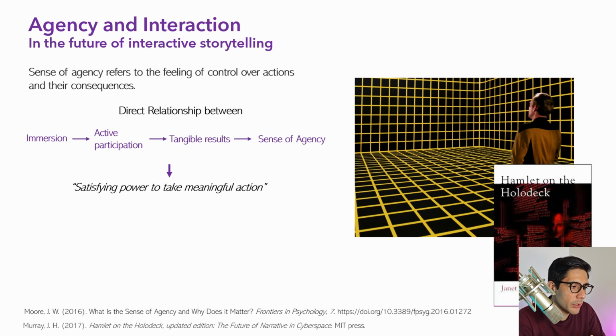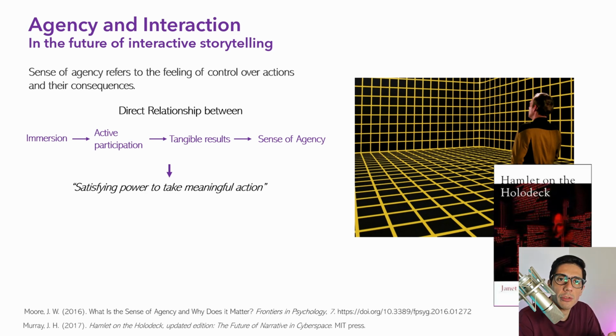The main rationale is that agency refers to this feeling of control over actions and consequences, the sensation that the player or the user has of controlling actions, and thus those actions have an impact on the virtual environment, or have consequences in that experience.